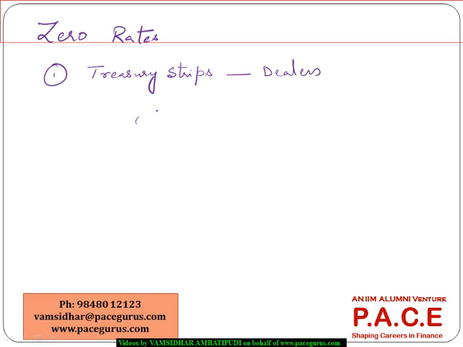Let's assume there is one 3-year treasury bond. Now what are the cash flows with this 3-year treasury bond at the end of 1 year, 2 years, 3 years? There is a coupon that is paid at the end of 1 year. There is a coupon at the end of 2 years. There is a principal plus coupon at the end of 3 years.